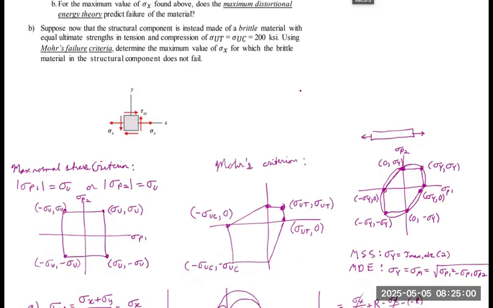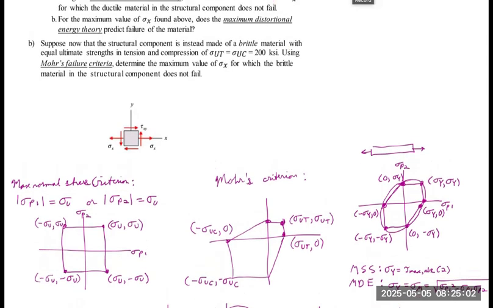So we can review our theories over here, and some of it is cut off, so I'm going to zoom out. As you mentioned before, contrary to the maximum normal stress criterion, Mohr's criterion is a little different.